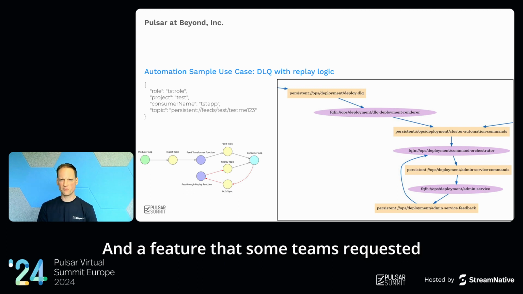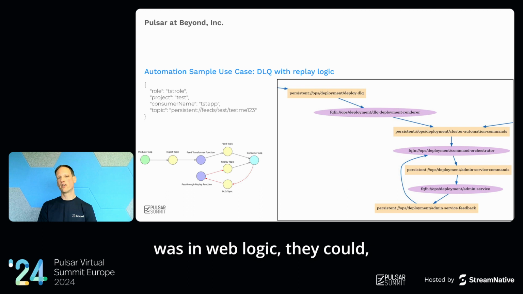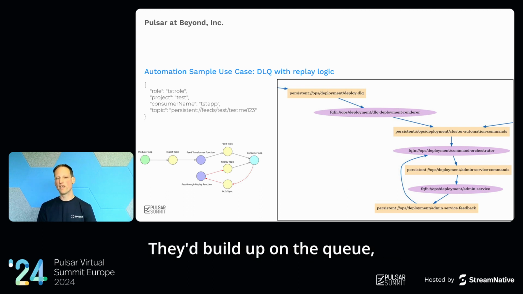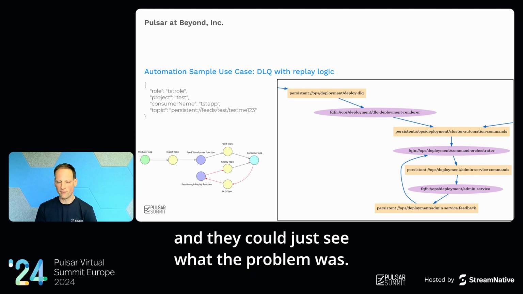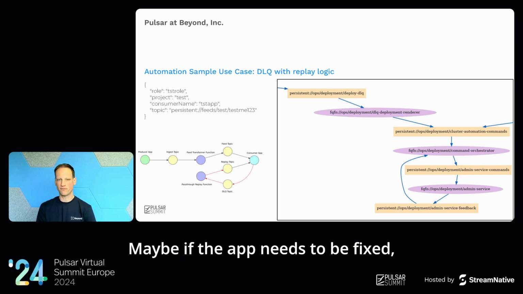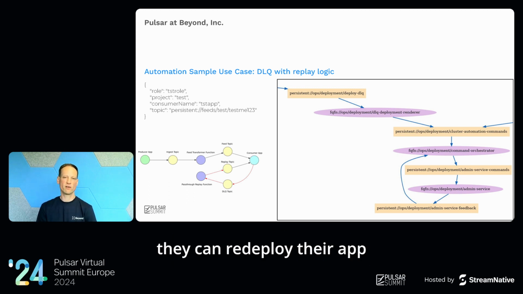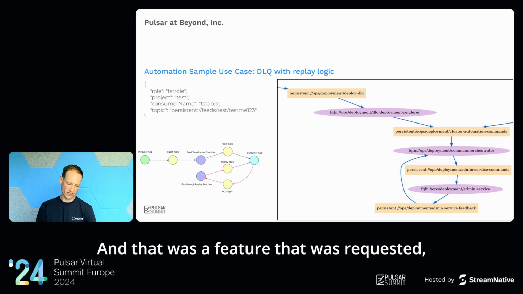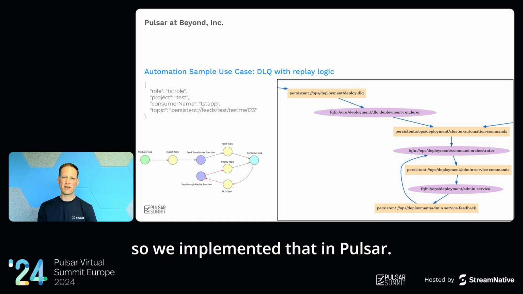A feature that some teams requested was, in WebLogic they had dead letter queues. If messages didn't get processed, they'd build up on the queue, and they could just see what the problem was. Maybe if the app needs to be fixed, they could redeploy their app, and then release the queue back into their app. That was a feature that was requested. So we implemented that in Pulsar.